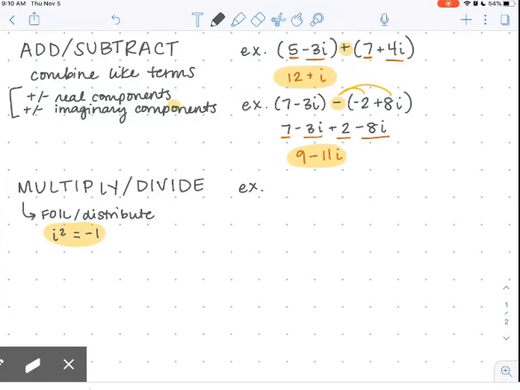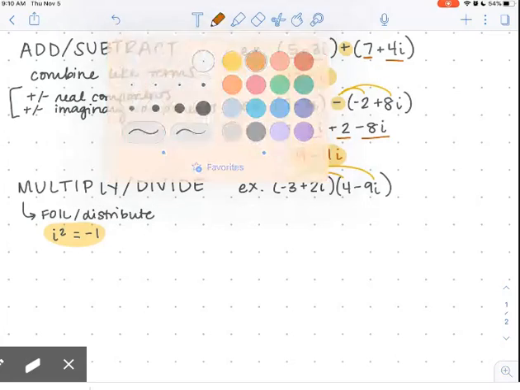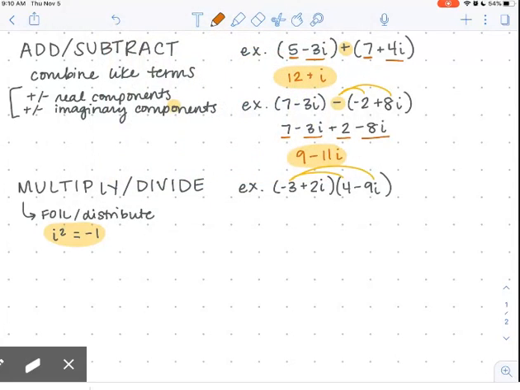So if I have -3 plus 2i times 4 minus 9i, we're going to distribute. So I'm going to pass out -3 first. -3 times 4 is -12. -3 times -9i is a positive 27i.